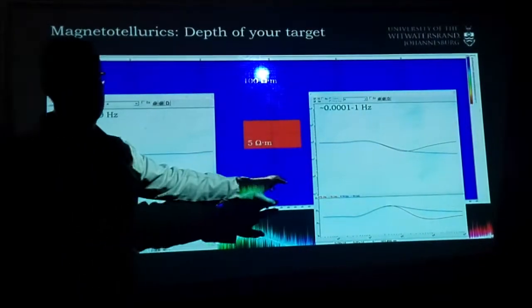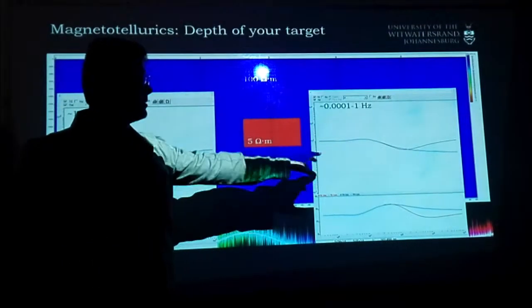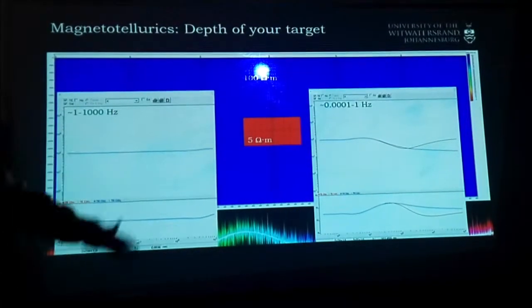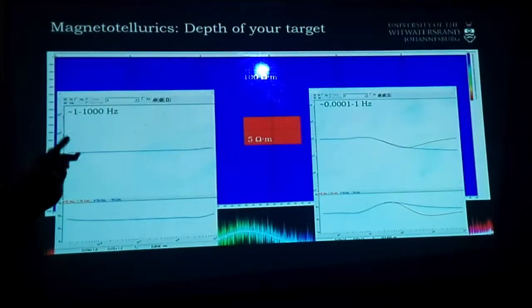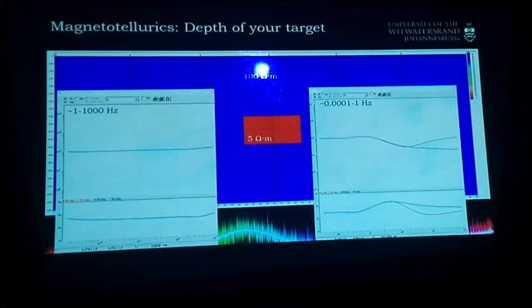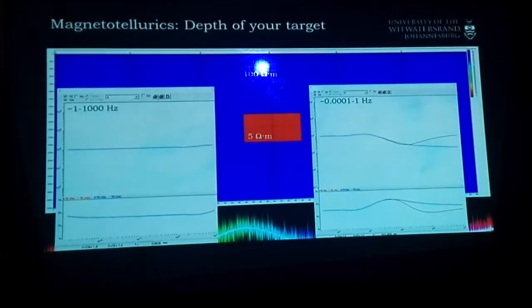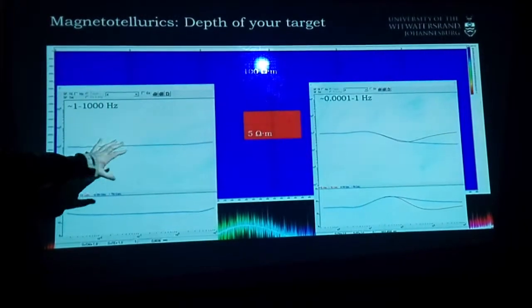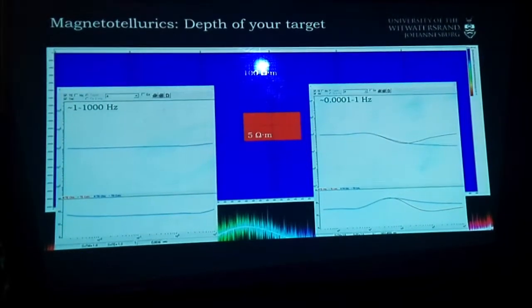But if you use an MT survey, which is lower frequency, you can see we're starting to get a signal of the conductor around 20 kilometers. This is what I mean by needing to know the frequency ranges and what you're trying to survey. But this is the range you'll have for field school, so when you do your forward modeling, this is what you'll be modeling.